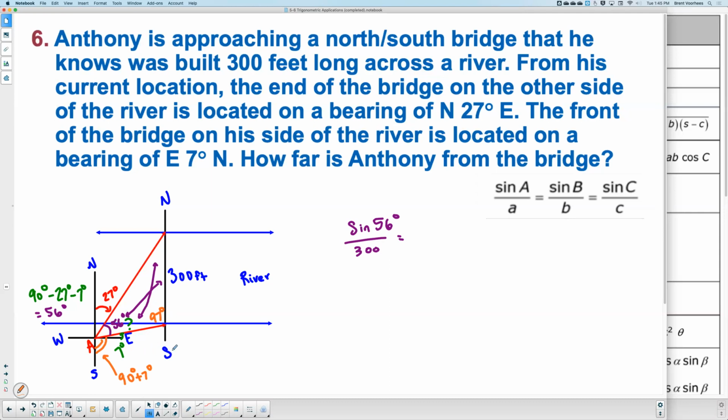Now, if that's 97, I can find this one because every triangle has a total of 180 degrees. And I am working with a triangle here. If you hadn't figured that out, the two red lines plus this one gives me a triangle. So I would take 180 and subtract my 97, and then subtract my 56.